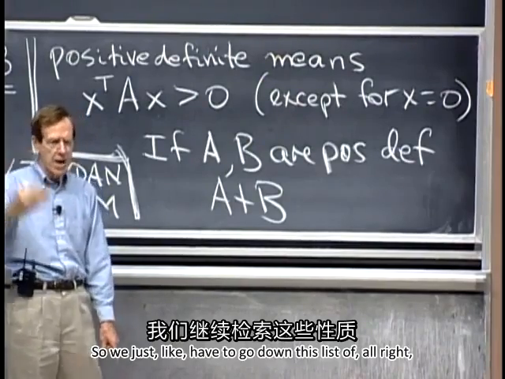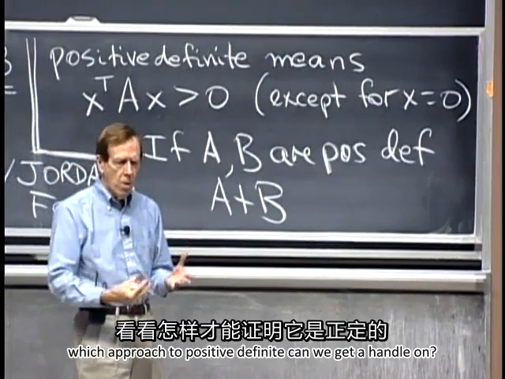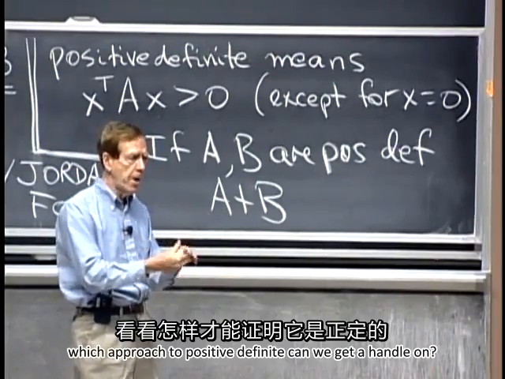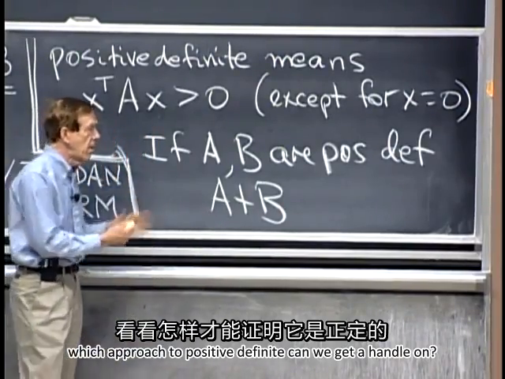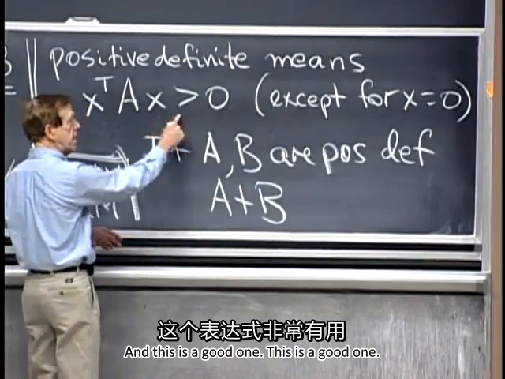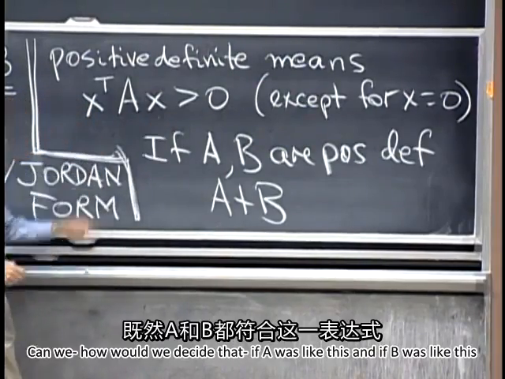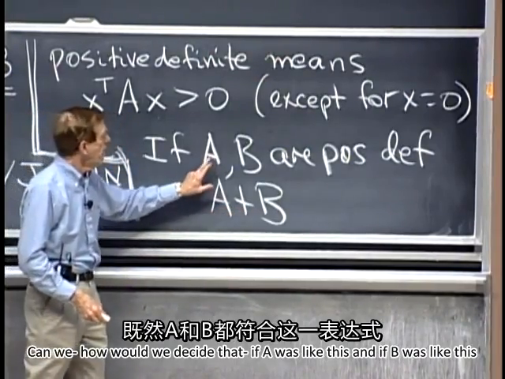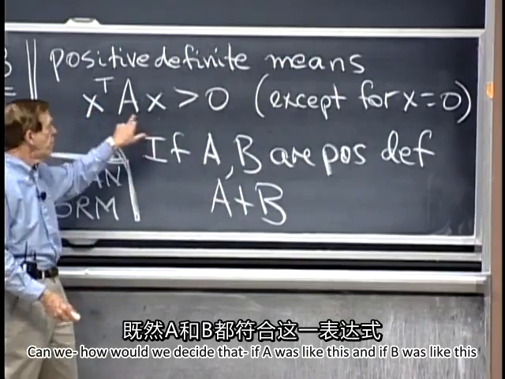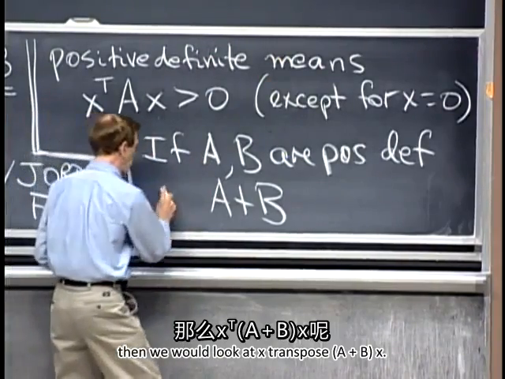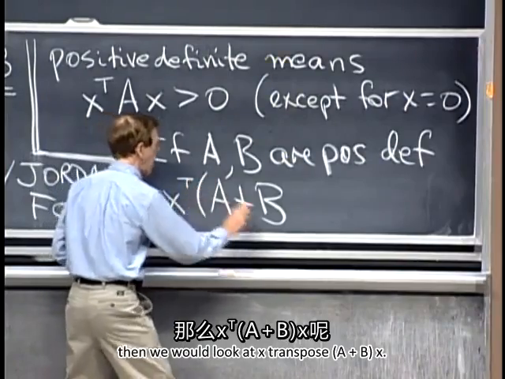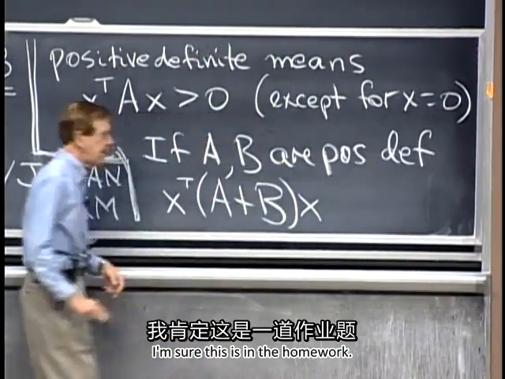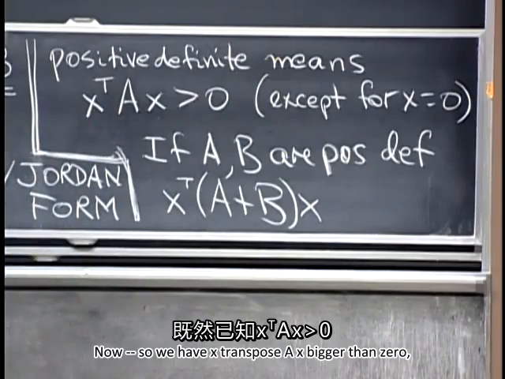So we just have to go down this list of, all right, which approach to positive definite can we get a handle on? And this is a good one. How would we decide that if A was like this and if B was like this, then we would look at x transpose (A plus B) x. I'm sure this is in the homework.